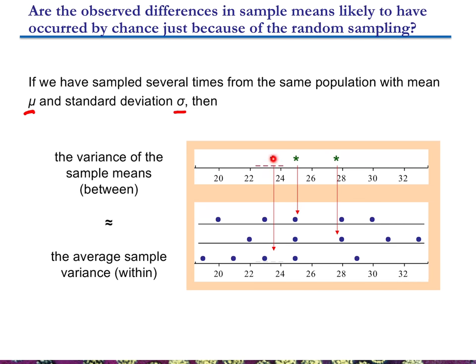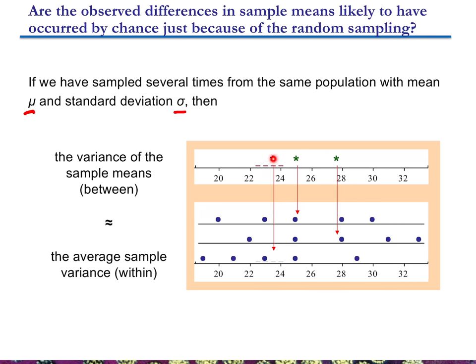This first sample mean is calculated from this set of data. These 5 data points, if you average them, give you that sample mean. These 5 data points give you that sample mean, and these 5 data points give you that sample mean. So we have 3 means, and the 3 samples that those means are calculated from.